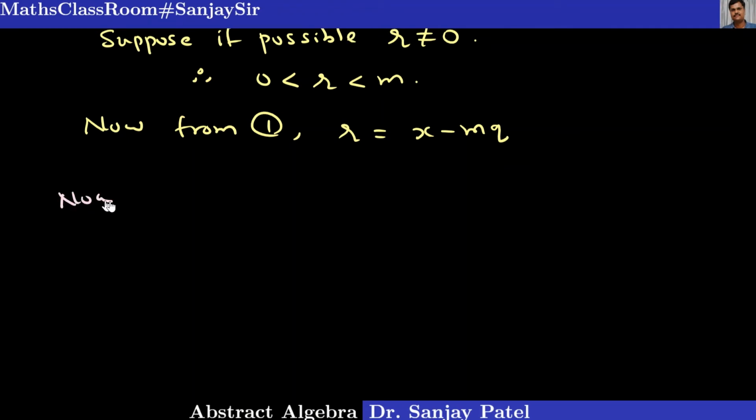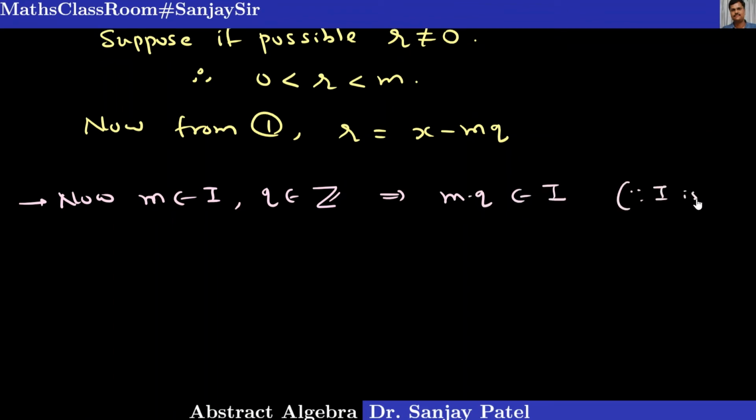Now m belongs to I and q belongs to the ring Z, and therefore m into q belongs to I because I is an ideal in Z. Also, x belongs to I. That is what we have started with.